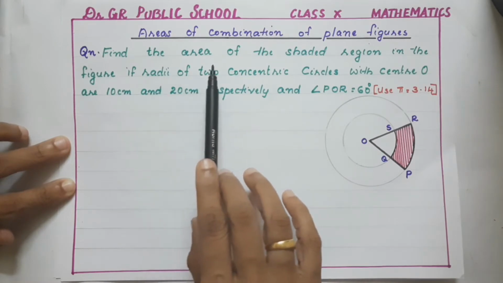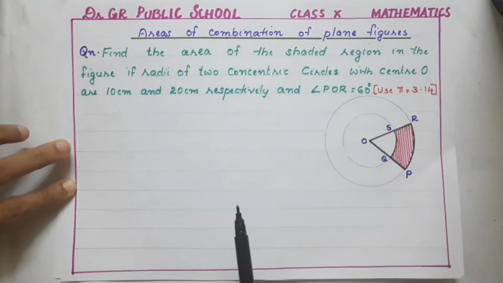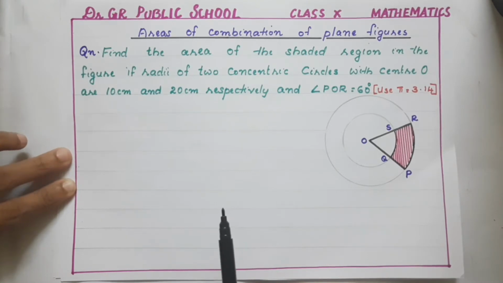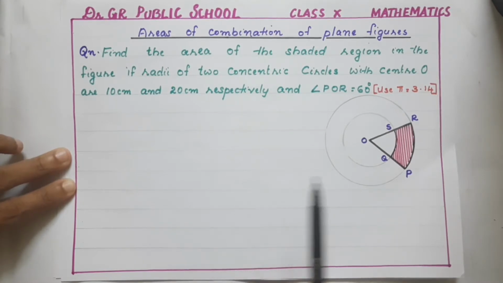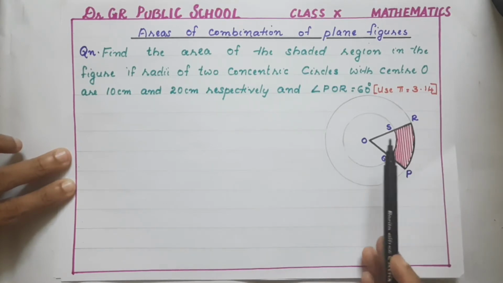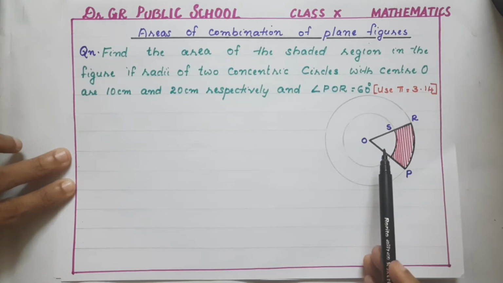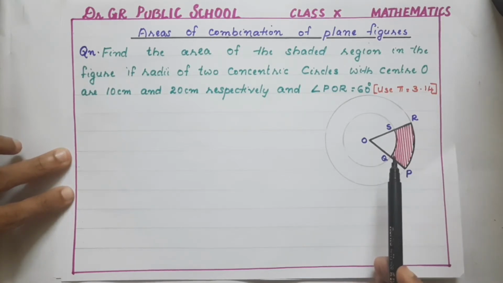It is to find the area of the shaded region. Whenever you get a question to find the area of a shaded region, first you should understand where the shaded region is completely lying, or inside which figure the shaded region is.